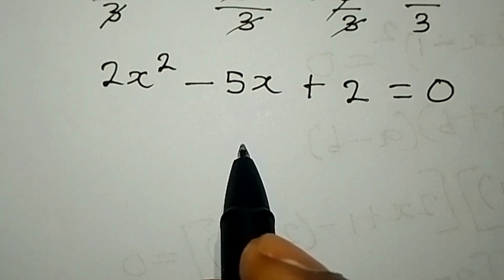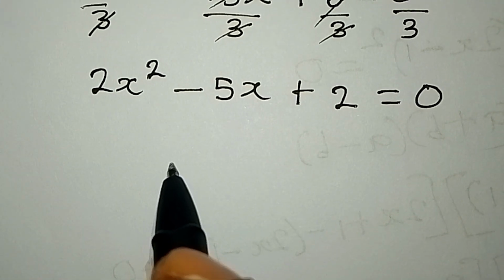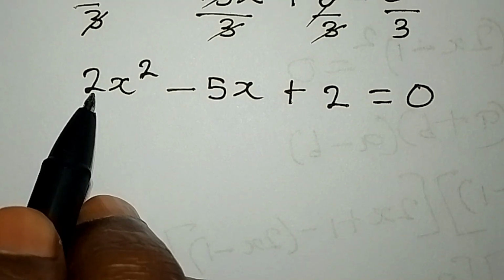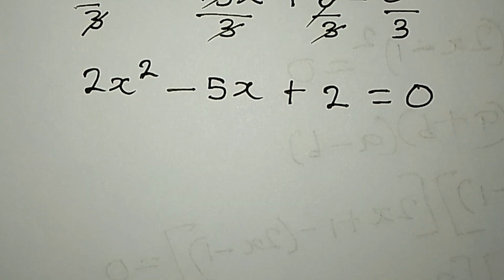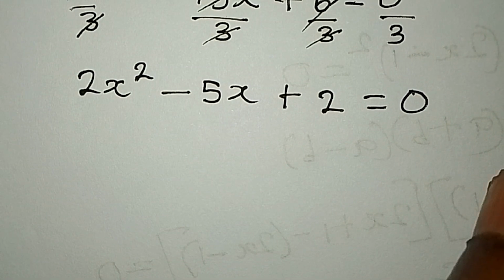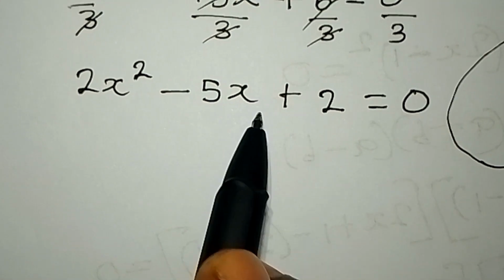Now from here, what again can I do? Remember that for us to factorize this type of an equation, we have to multiply what we have here by this imaginarily. Okay, so when we do that, this multiplied by this will give us 4. This 4 is imaginary because it will not appear in this equation.